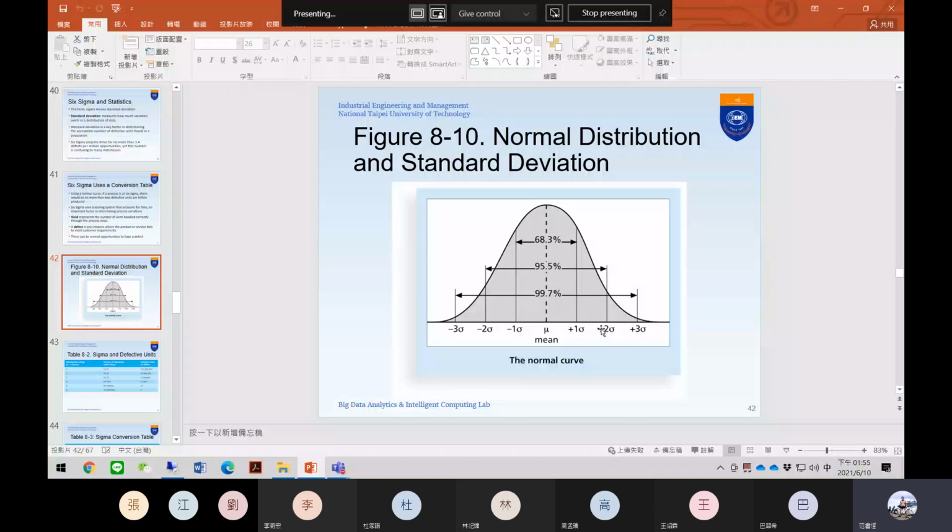If the data approximately follows a normal distribution, those numbers describe how much percentage of the data falls within the range.